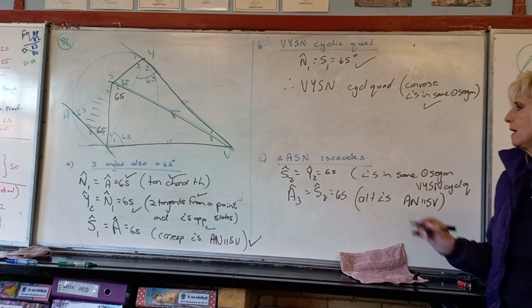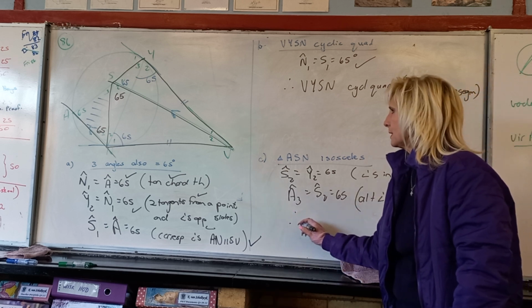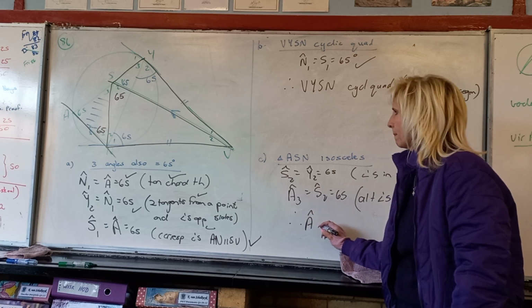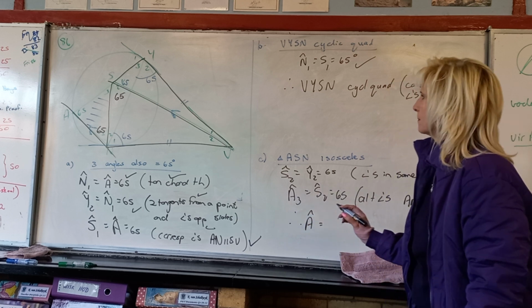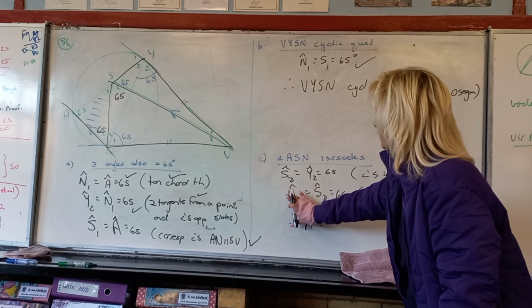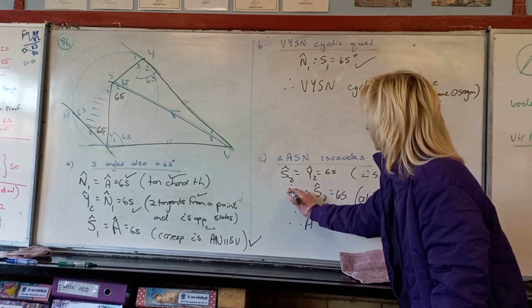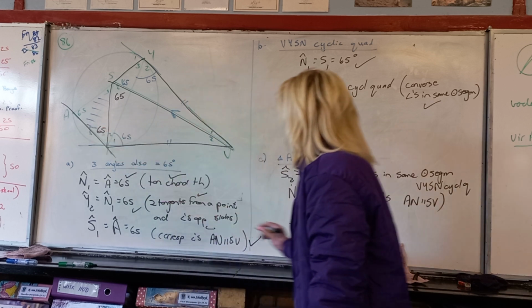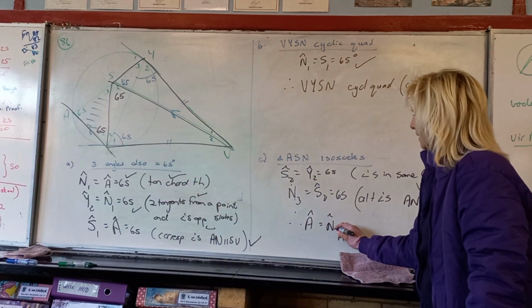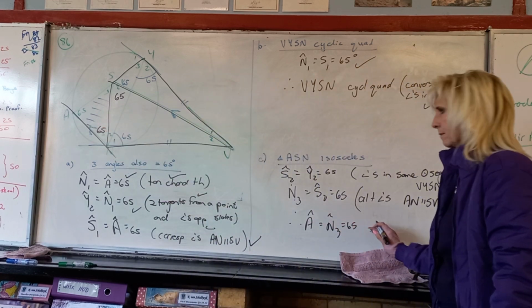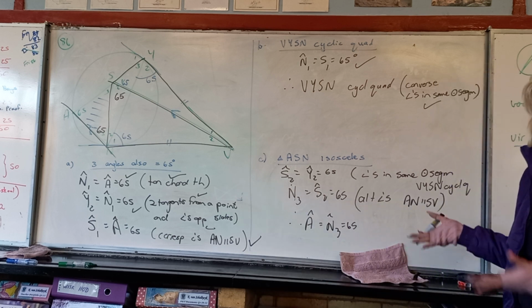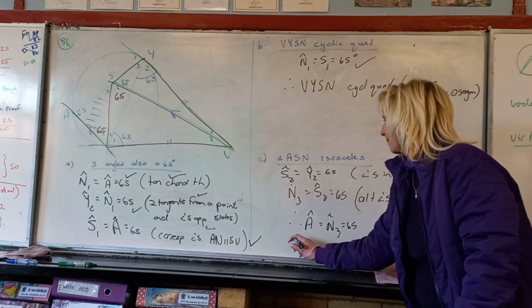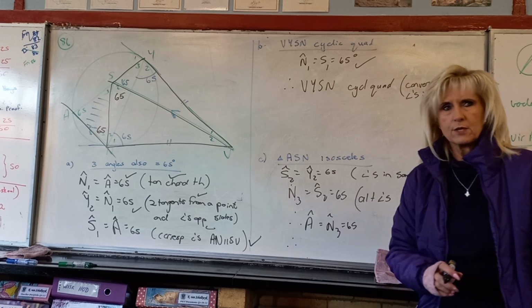Just be safe. And then I've got to say, well, do you see that A is equal to, oh sorry, it's not A3, this was N, I'm sorry. N3 was equal to 65. So that means A and N3 are the same. Prove it if you want, or just like that, it is so, and therefore it's an isosceles triangle.